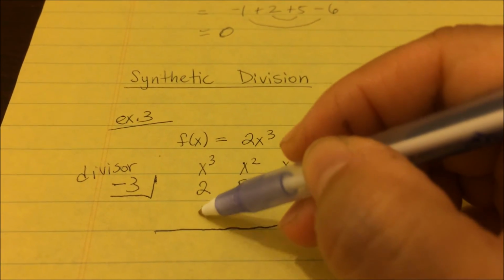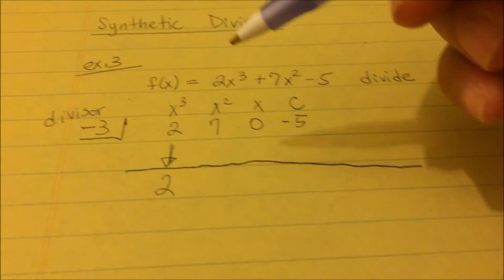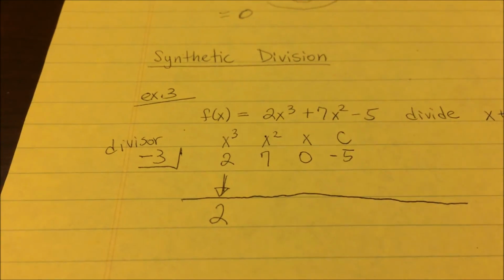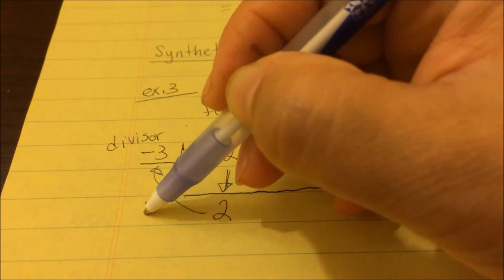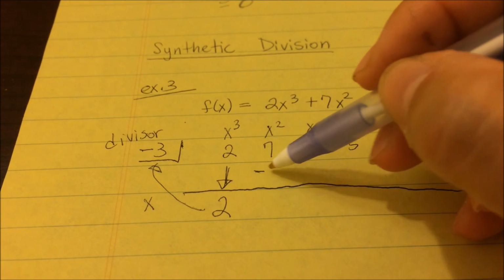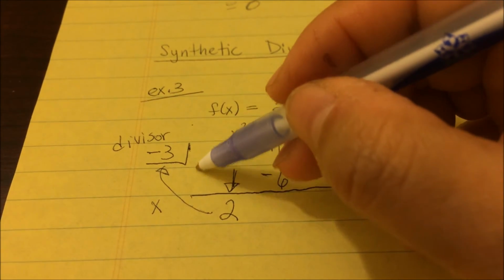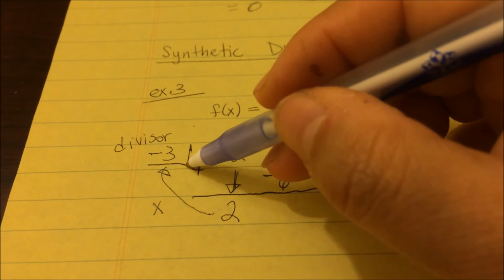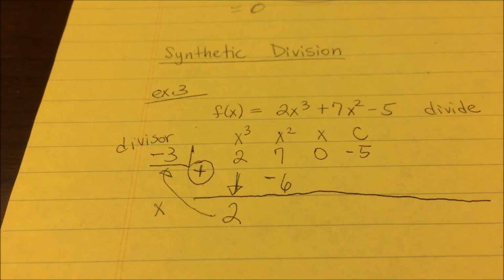The first part is you drop down the 2 right there. From here, this becomes a routine. After you drop that down, you multiply it by the divisor out here. So 2 times negative 3 is negative 6, so negative 6 goes in this spot. Now, because it's synthetic, the operation from long division, which we learned in 4th grade, is minus, but the operation in synthetic is now plus. You have to remember it's the opposite of long division.